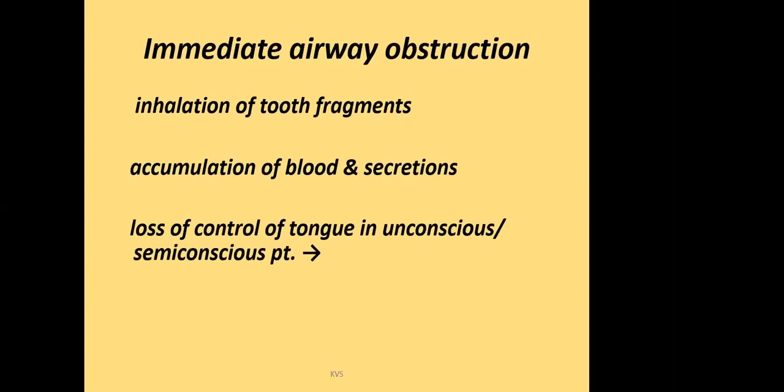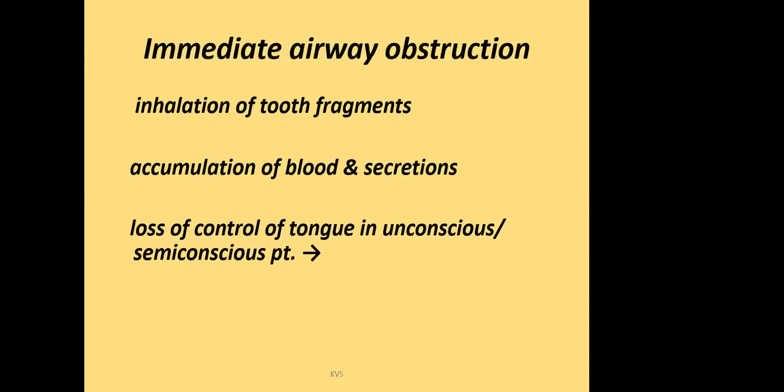You might find a person having poor breathing, and the underlying cause is a dislodged tooth in the airways. So how will you know that maybe the tooth is in the airways? I think you will let me know shortly. Then there can be excessive bleeding, clots forming, and excessive secretions.